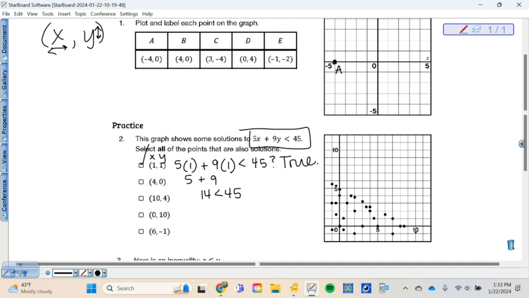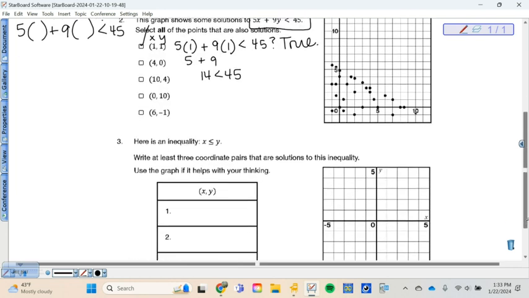So for the next one, you do 5 times 4 plus 9 times 0. And then you check, is it less than 45? If it's true, check the box. If it's false, don't check the box. Does that make sense? Okay. And then in number 3, this is easy.